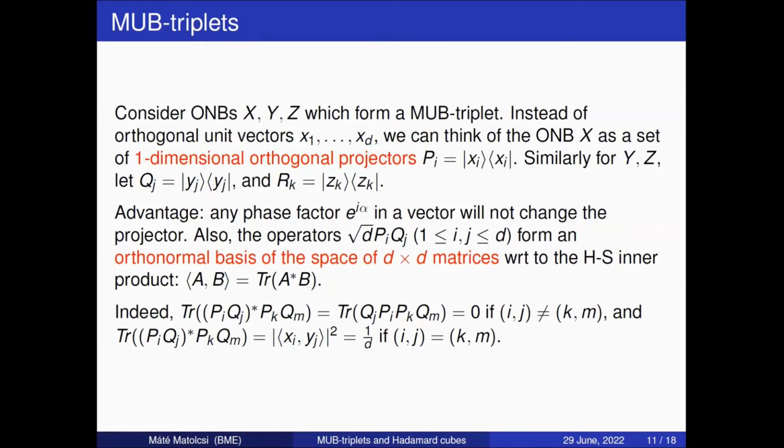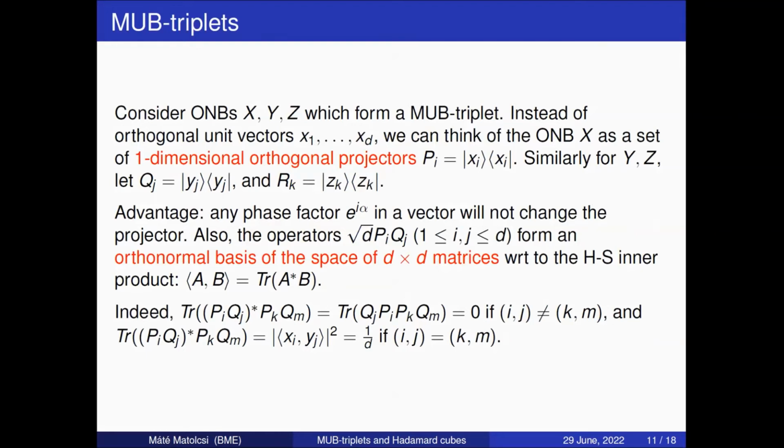So suppose that these 3 ONBs, orthonormal bases X, Y, and Z, form an MUB-triplet. And as mentioned by Mihai and also by Gerhard Zauner previously, instead of vectors, we can always think of one-dimensional projections.